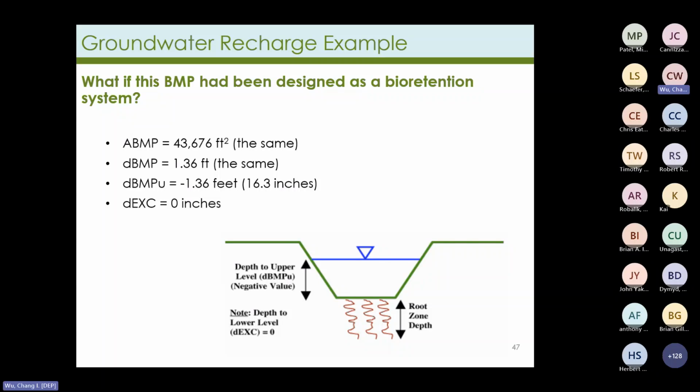The DBMP, although the magnitude is the same, is a negative value, and the DEXC will be 0 inches. So if you put those numbers into the BMP, the second page of the NJGRS, then you will get a different recharge volume, and you can place those numbers by yourself to see the difference.